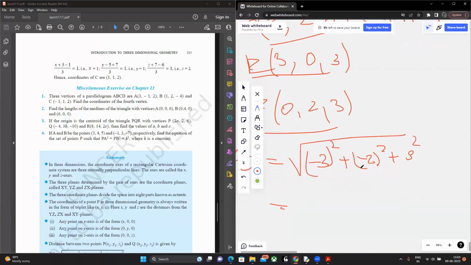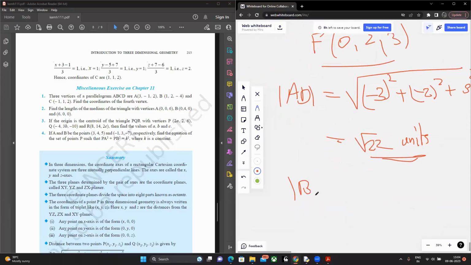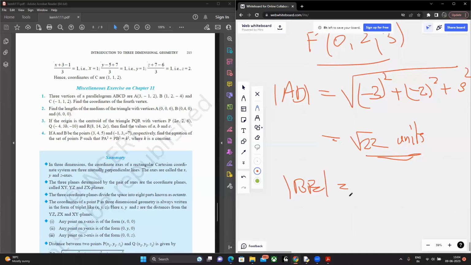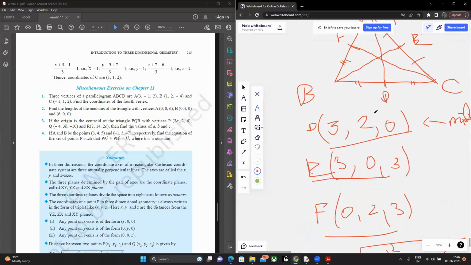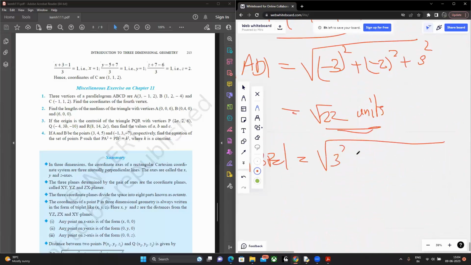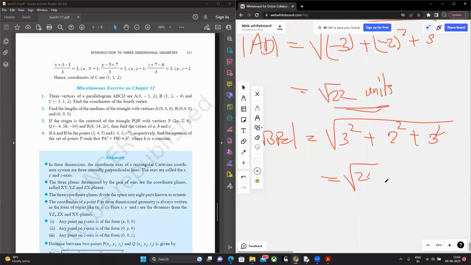This is basically 9 plus 4 plus 9, that is square root 22 units. Similarly, mod BE is going to be square root of, this is 0,4,0 and 3,0,3, so you are going to have 3 square plus 2 square plus 3 square units. That is again going to be root 22 units.